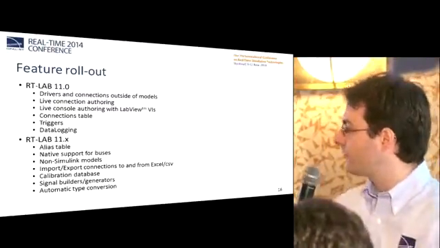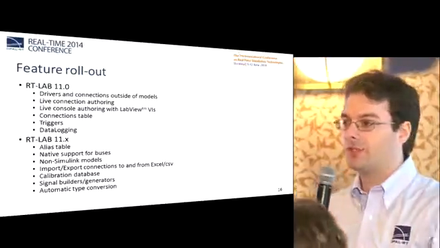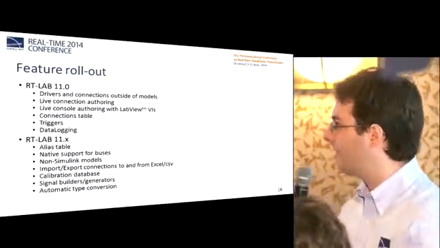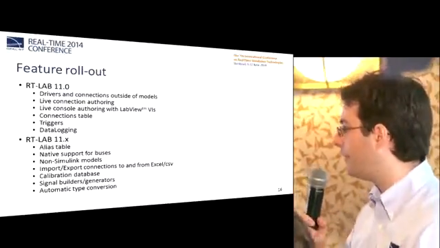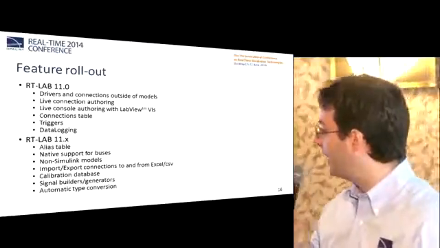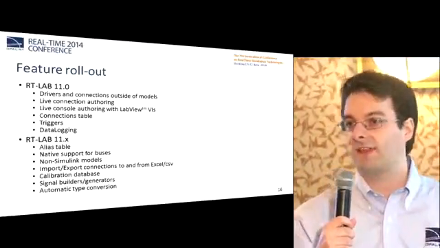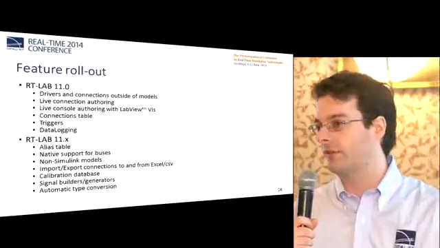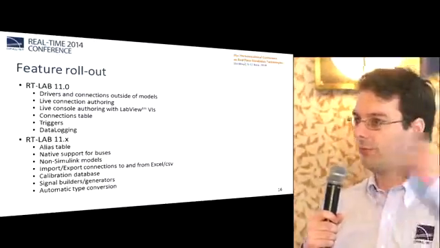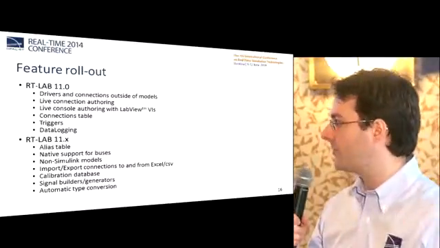On top of the drivers, we're planning on shipping a full suite of signal builders, signal generators, just various mechanisms to generate signals in real-time performance outside of the simulator itself, as well as automatic type conversion. By this we mean support for arbitrary data types both within Simulink and other systems. So instead of just double floating point precision, arbitrary data types will be supported.